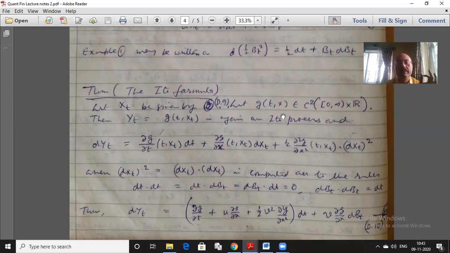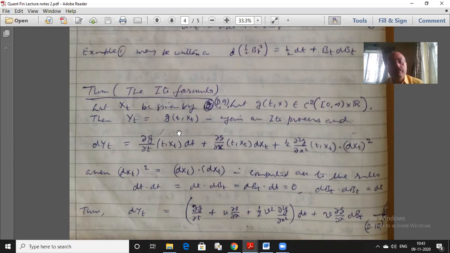So it can be explicitly a function of time, in addition to being a function of x. And I assume that it's a sufficiently smooth function. It's a C2 function on the time domain and the real line, which is the domain for our x process. Okay, so C2 is familiar, C2 is okay. Yes, sir.